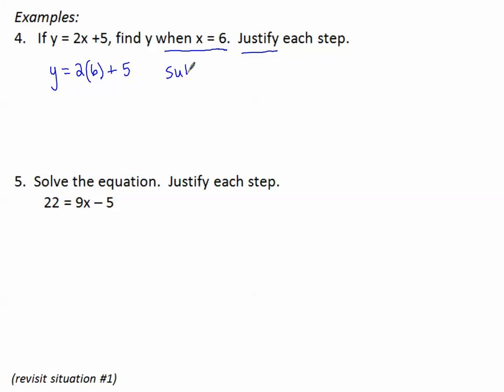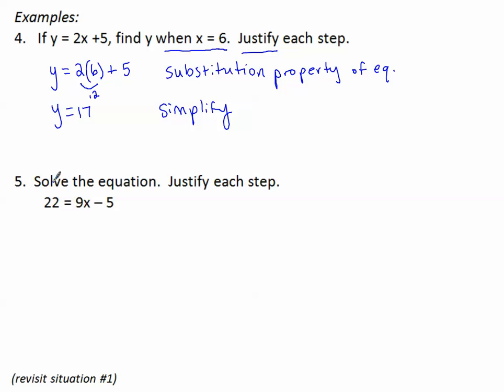I'm using the substitution property of equality. Then I can simplify. 2 times 6 is 12, and 12 plus 5 is 17. So y equals 17. What did I do? I simplified.